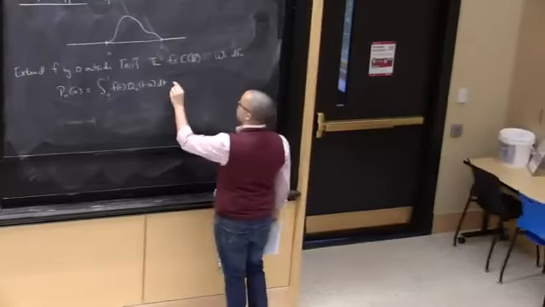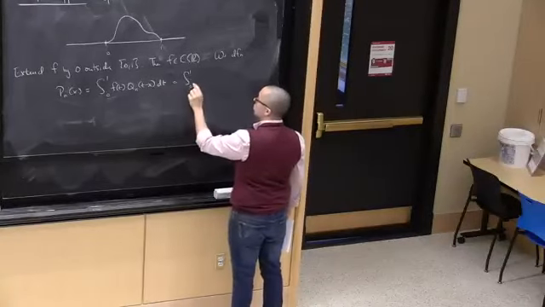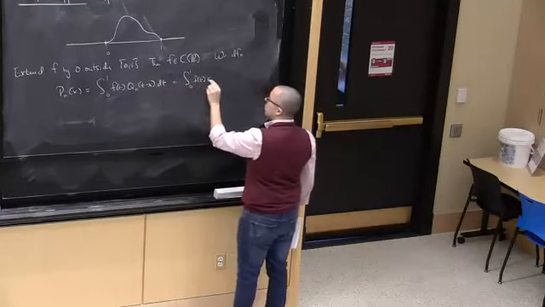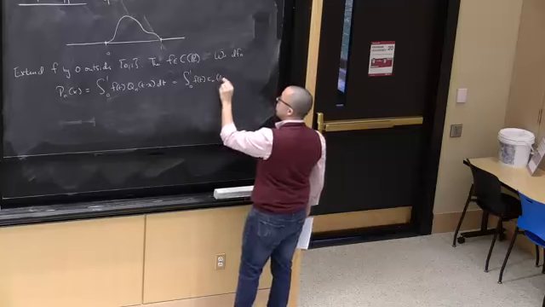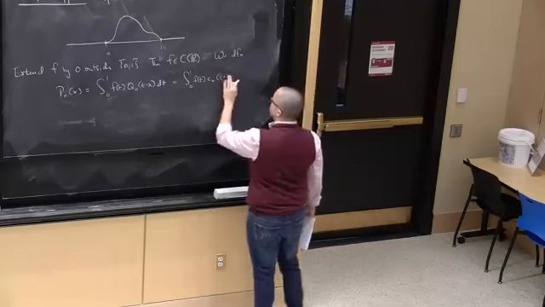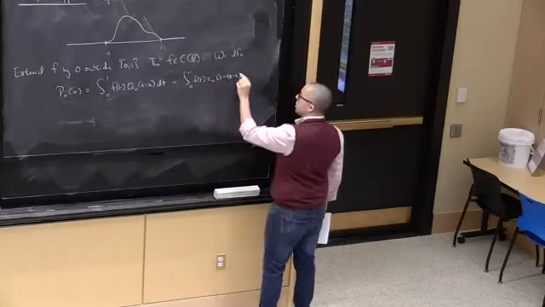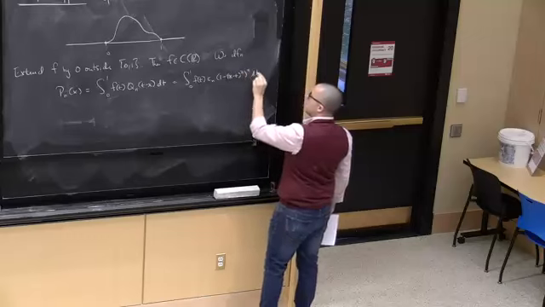And just to remind you, this is equal to the integral from 0 to 1 of f of t times c sub n times 1 minus x minus t squared raised to the n dt.